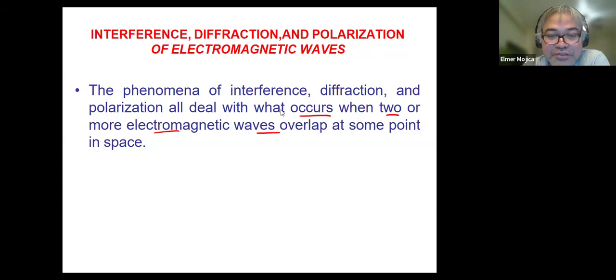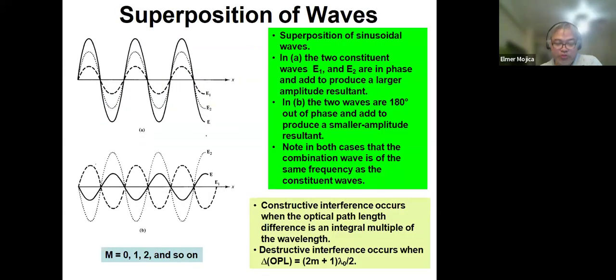Okay, so we go first with the so-called superposition of waves. So what happened here? These are the superposition of sinusoidal waves. So what can you say here on the first one? You add two waves, like E and E1. There are two constituent waves, and they are in phase.